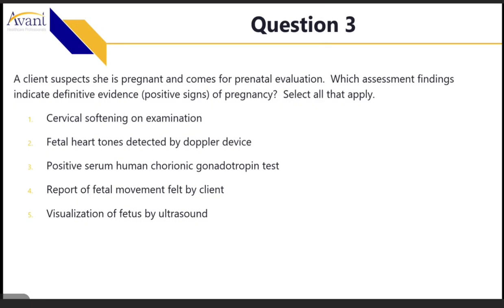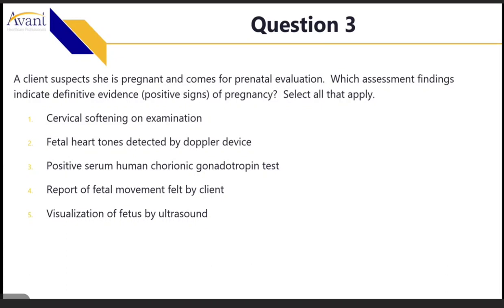Okay, so cervical softening on examination. Cervical softening is not a positive sign of pregnancy. It is a presumptive sign, okay? Presumptive signs are signs of pregnancy that are self-reported by the client, and they may be related to other medical conditions and therefore cannot be considered diagnostic of pregnancy.